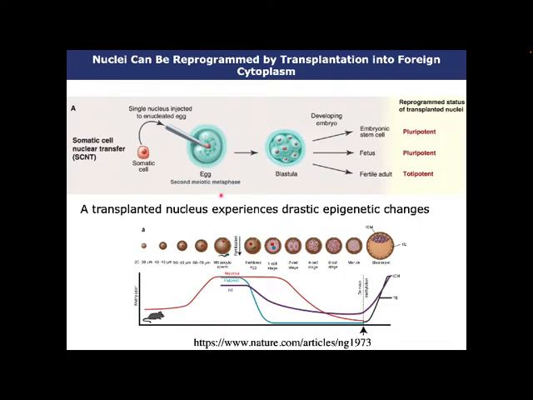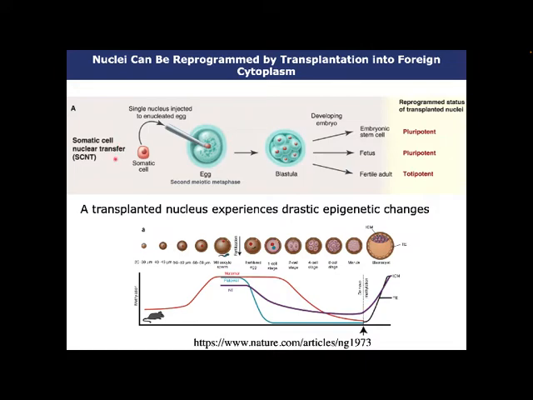So how to do that? One possible approach would be somatic cell nuclear transfer, SCNT, and this was actually performed in the very early 1960s by John Gurdon.